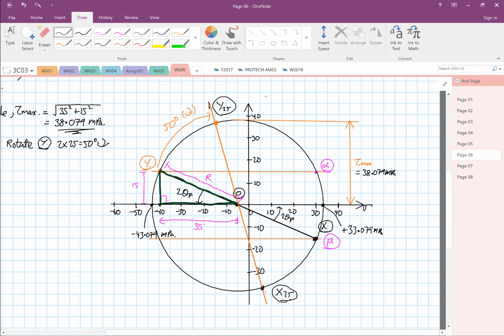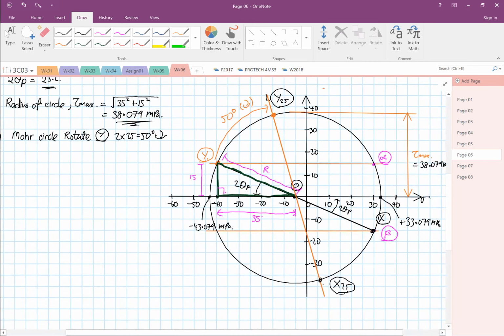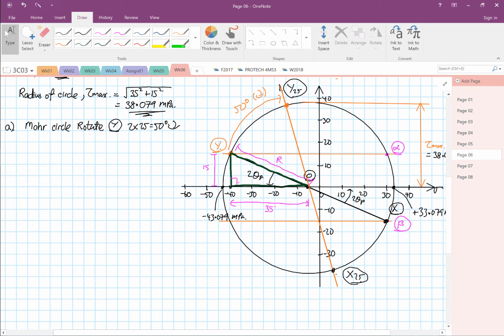We have to calculate the location of our Y25, so I'm going to sketch out my triangles. We are going to find the stress state at Y25. We know our circle center, which I've labeled, is at -5 and 0.